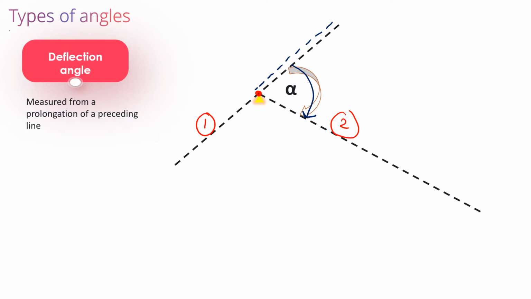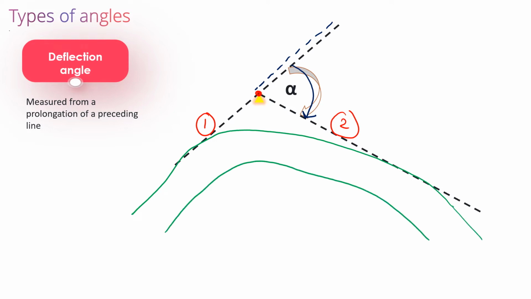We use these angles mostly in road construction. We can draw a circular road here, and we'll talk about this in our later classes, but this is what is called a deflection angle.